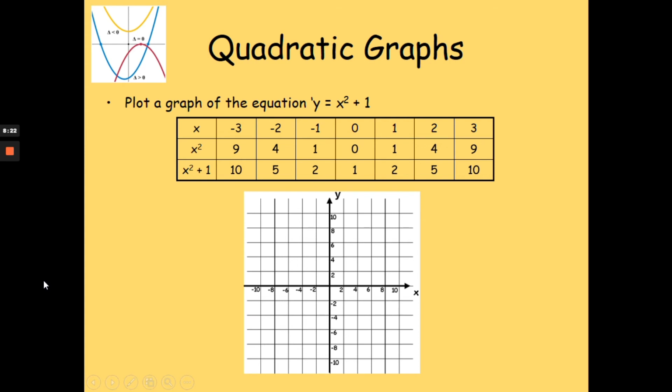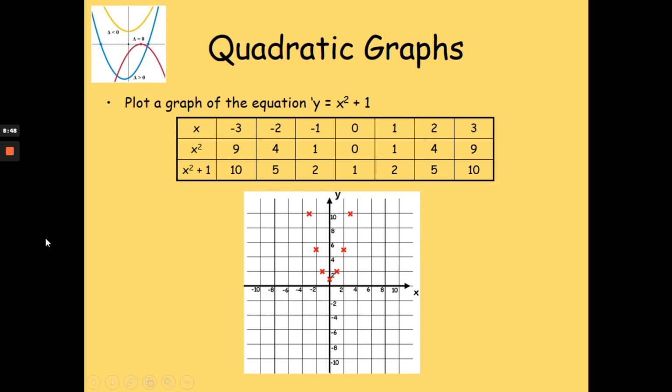Now we have to get our coordinates, which is the x at the top and the very bottom line. So the middle one we don't need anymore. So the first coordinate would be -3 across and 10 up. Next one -2, 5, -1, 2, 0, 1, 1, 2, 2, 5, and 3, 10.